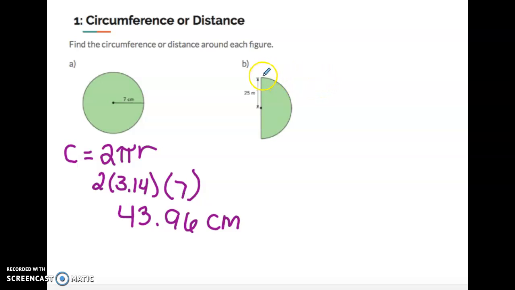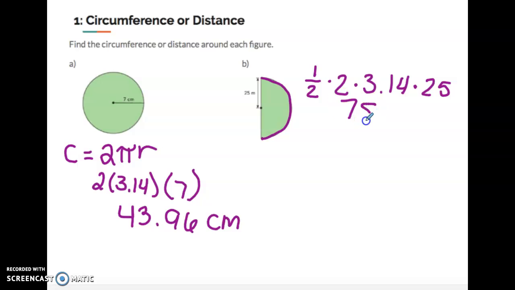Okay. And in B, we only have half a circle. So we're going to be looking at half the circumference. When we find half the circumference, we're just finding this piece. So 1/2 times 2 times pi, which is 3.14, times the radius halfway through the circle is 25. So 1/2 times 2 times 3.14 times 25 is 78.5.